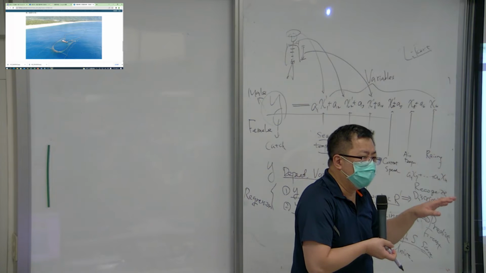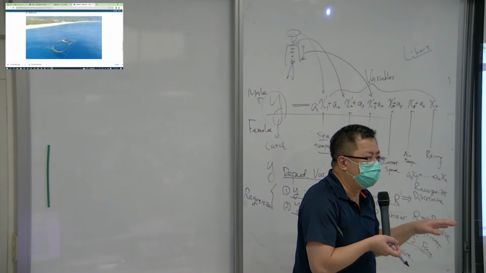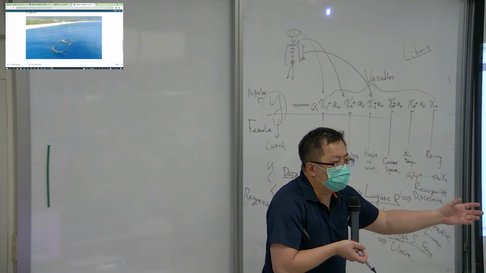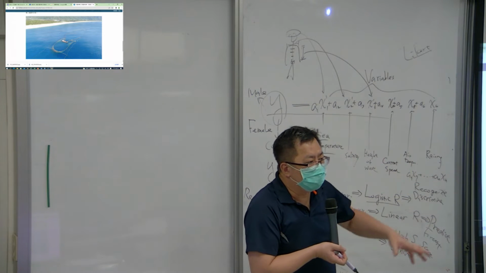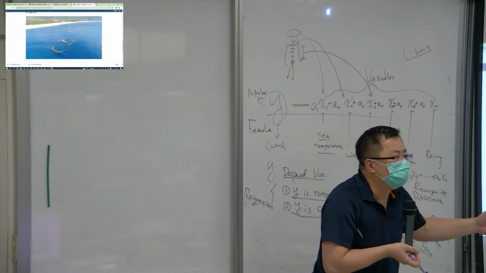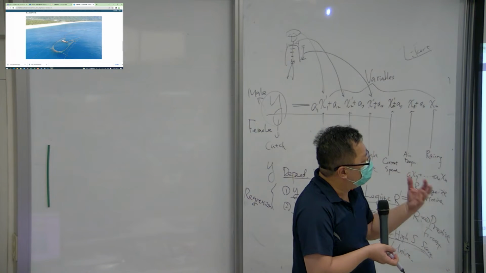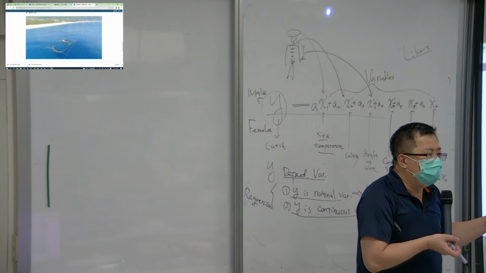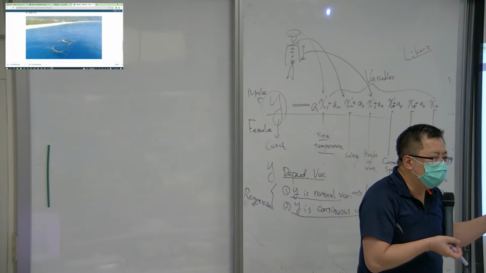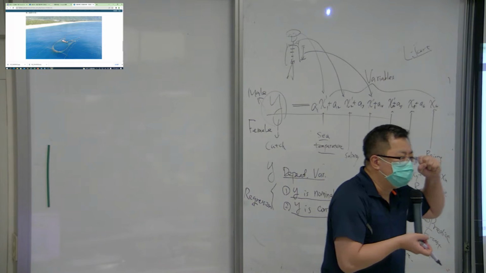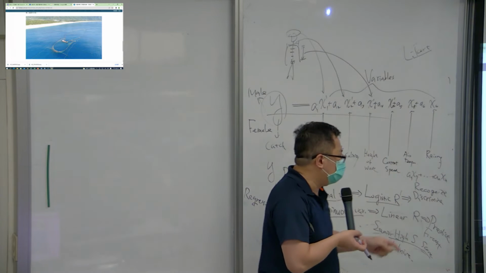It's very suitable for fish to migrate here. So I predict under this condition the fish will come in here. And when the fish come in here, I forecast maybe how many tons you will catch. That is for prediction. That is linear regression.